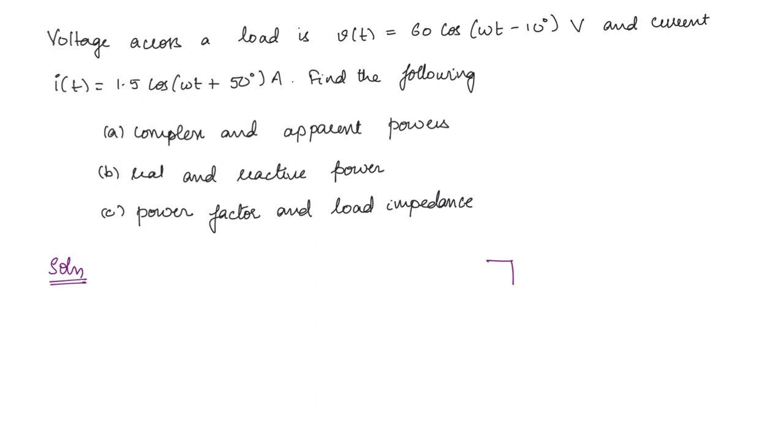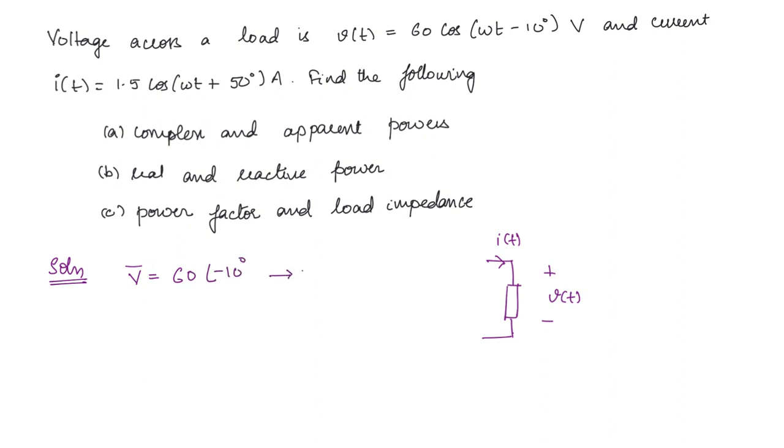So according to the question, there is a load across which the voltage is given by V(t) and the current flowing through it is I(t). Now we know I(t) and V(t), so we will write them in phasor form. What will be V bar? Both are in cos form, so we can directly write 60 angle −10 degrees.